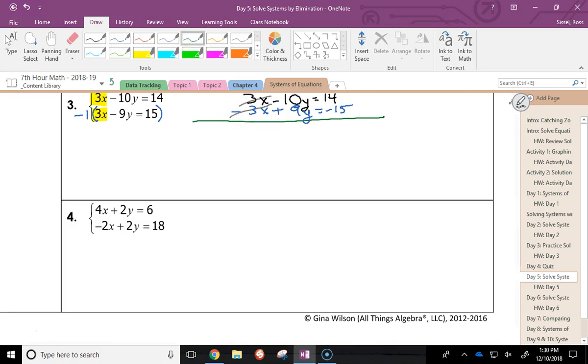I now have negative 10, and I'm going to add 9y to it. So negative 10y plus 9y would leave me with negative y. Negative 1y. Make sure you keep that variable with the equal sign. 14 minus 15.